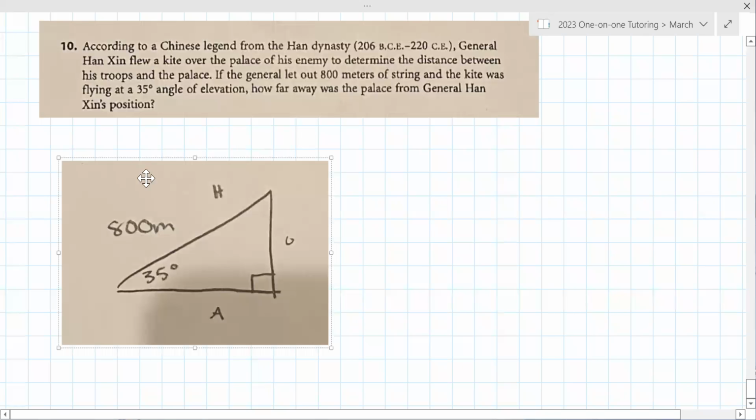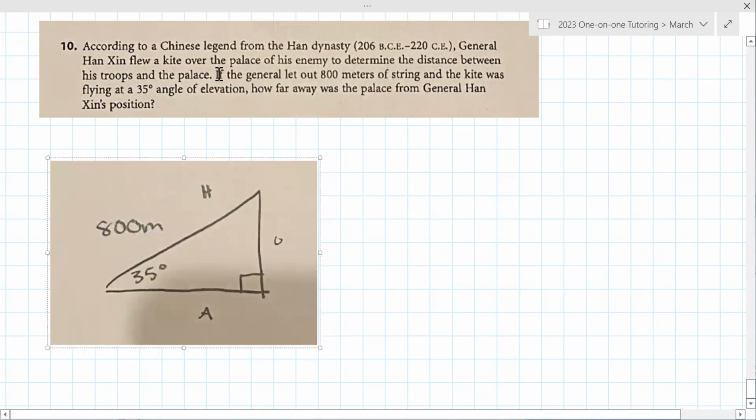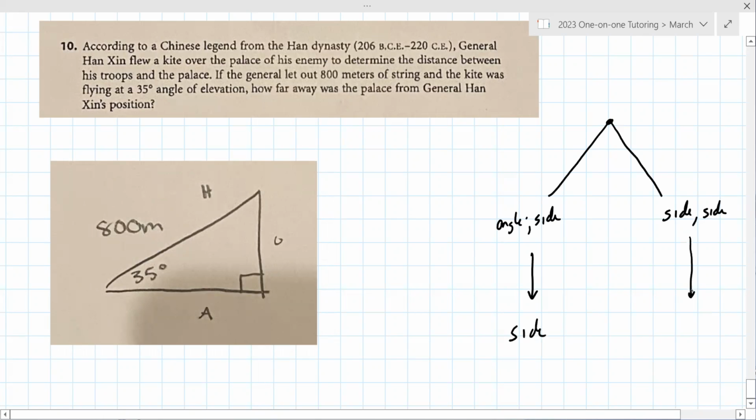When you have a word problem like this, and we don't have enough time to talk about all the little details of these, we may do that next time, but you do need to draw a picture like you've done here. And then you kind of got to decide, like we've been doing, are they giving me an angle and a side, or are they giving me a side and a side? And in this case, they're giving you an angle and a side to find another side. When they give you two sides, you're generally finding another angle.